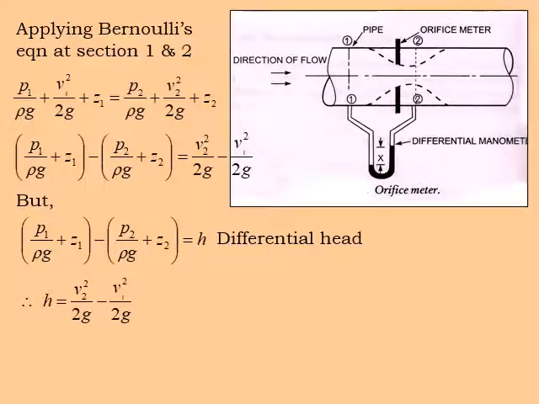So according to this expression, H is equal to V2 square by 2g minus V1 square by 2g, or 2gH is equal to V2 square minus V1 square. Then V2 is equal to square root of 2gH plus V1 square. That is expression number 1.